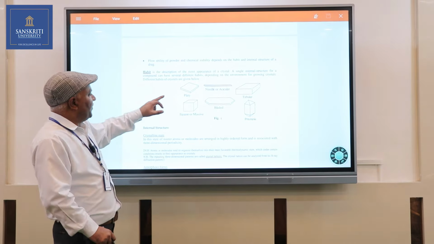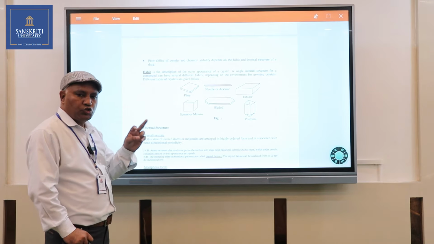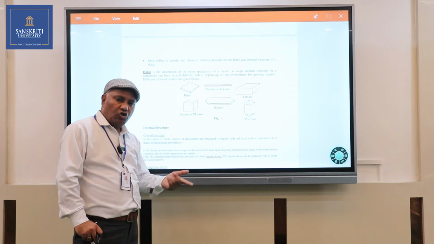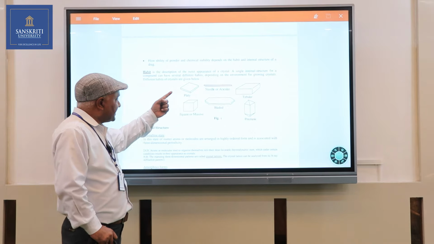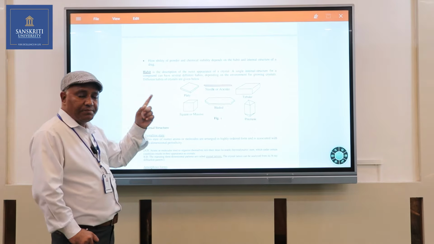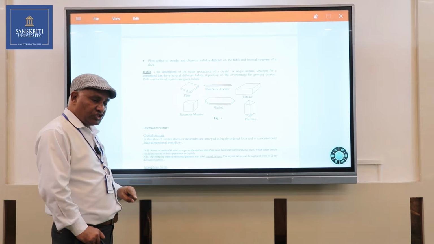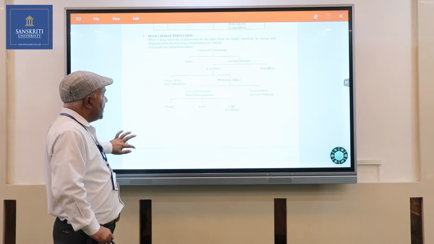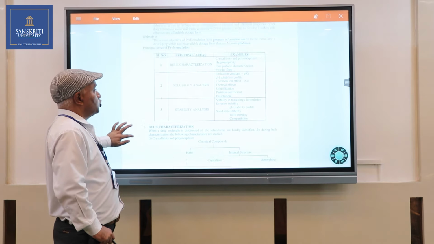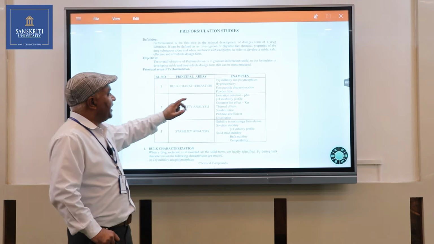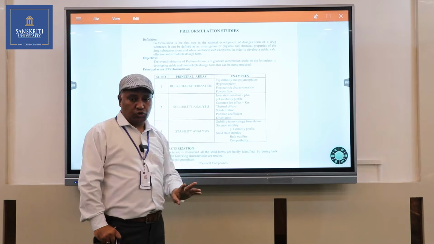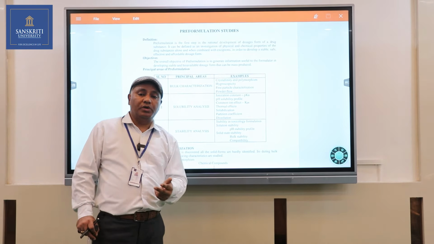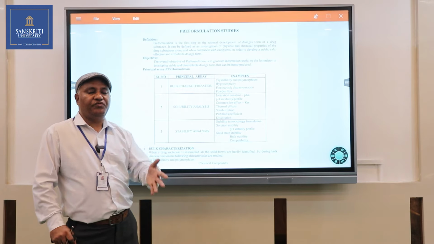Now when this crystalline drug interacts with the polymer in the presence of the solvent, what will happen? This crystalline drug may be changed into the amorphous drug, or it may be changed into a different polymorph, or you can say a different crystalline form, and that crystalline form may be more soluble compared to the previous one.